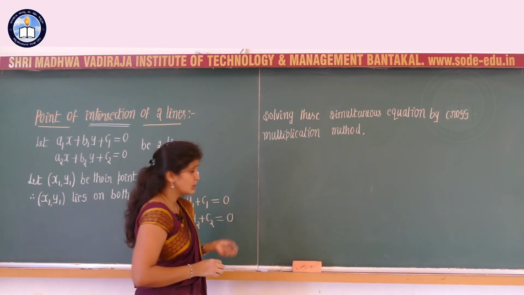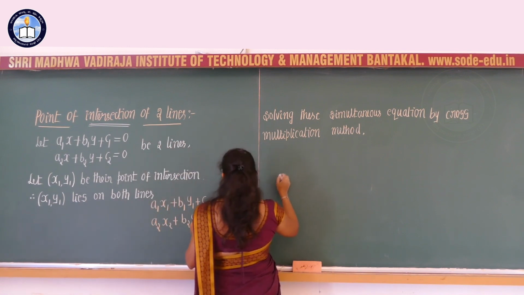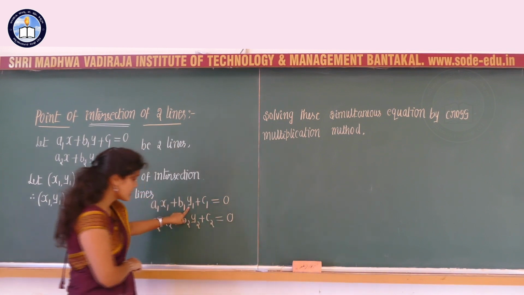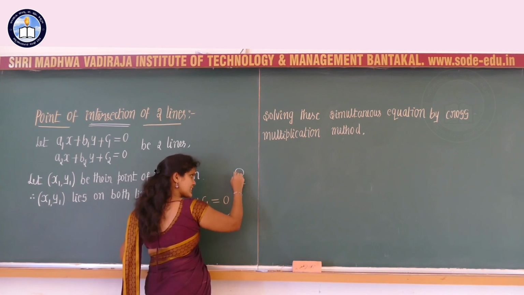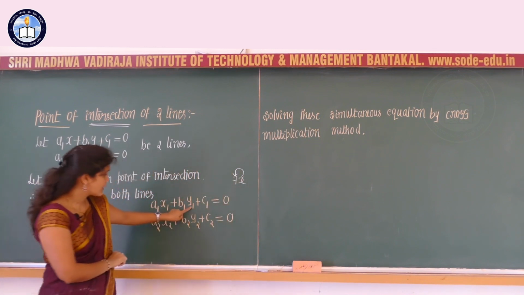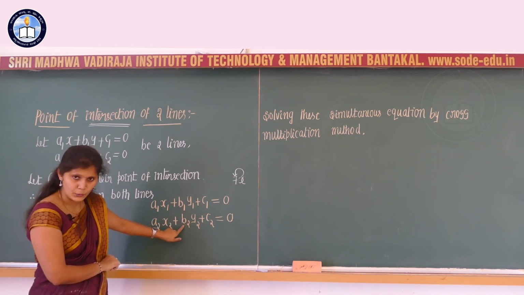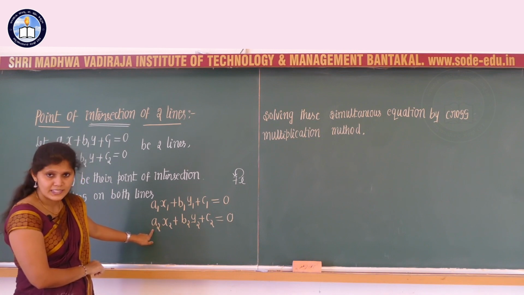In order to write the solution, I am going to consider the coefficients. Coefficient of x1 is a1 and of x2 is a2, coefficient of y1 is b1 and of y2 is b2.